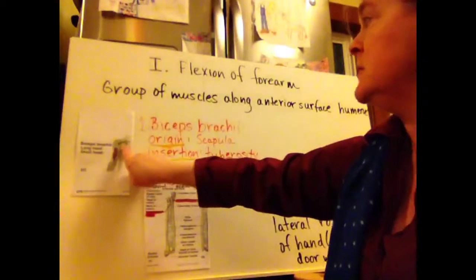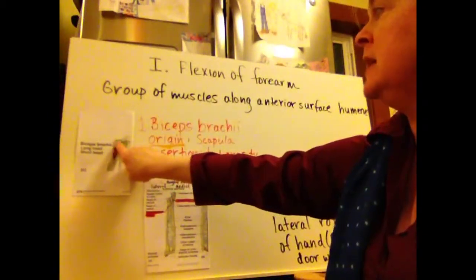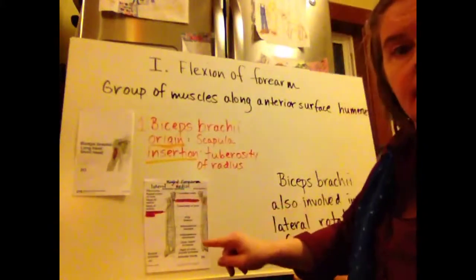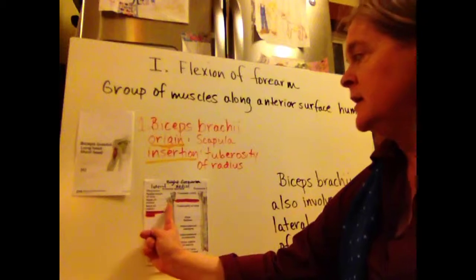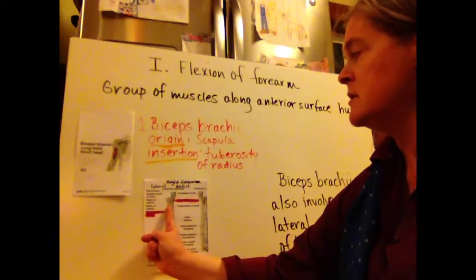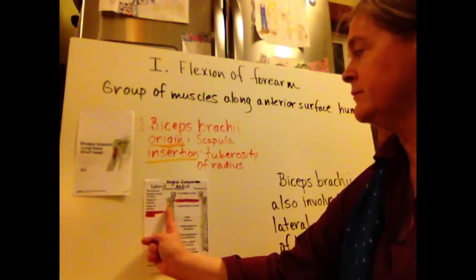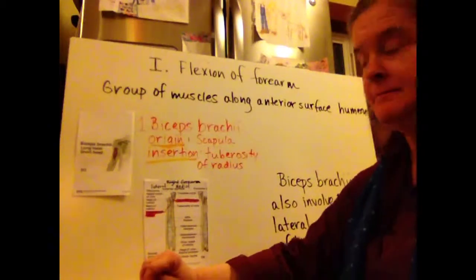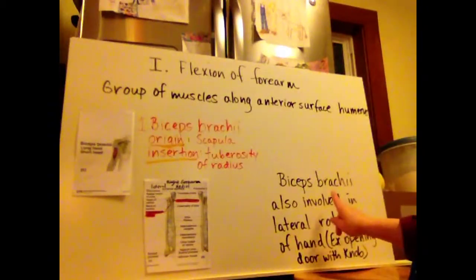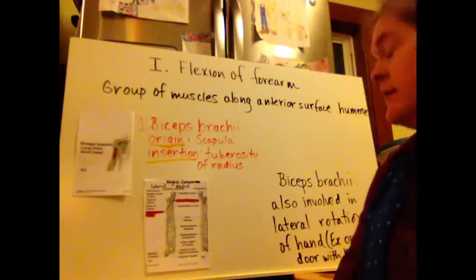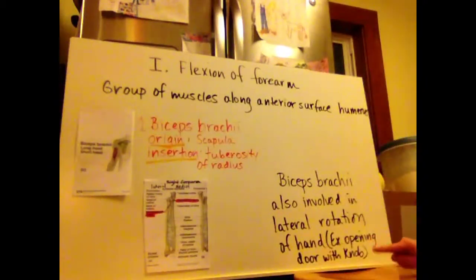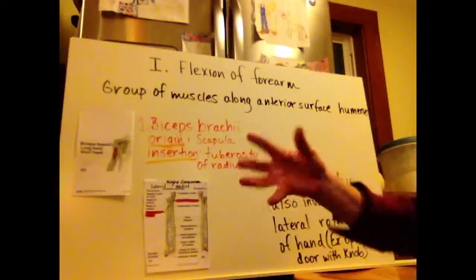So here you can see the two heads originating from the scapula, and then the tuberosity of the radius is this notch right up here along the radius. The biceps brachii is also involved in the lateral rotation of the hand, such as opening a doorknob.